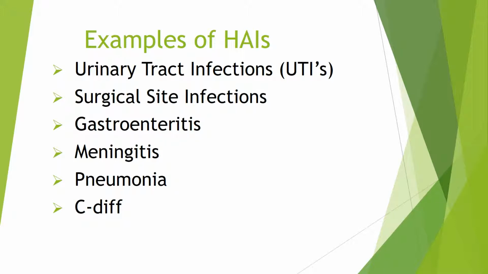What are some examples of hospital-acquired infection? UTI is very, very common, especially in older adults, and they start getting confused and agitated. Surgical site infection: a patient post-op surgery, such as hip surgery or knee surgery, if they're not changing the dressing regularly, it poses a great risk of having an infection in the wound.